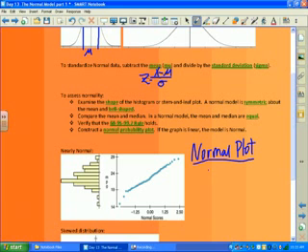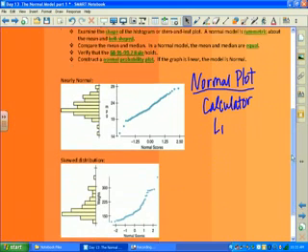It takes you through it in your calculator, so read that. I did it yesterday. It has a really nice little short amount of data. You put your data into your list, and then you plot it, and it tells you step by step how to do that. And if your plot looks about linear, then it's a normal distribution, and you could then use all your normal model rules.